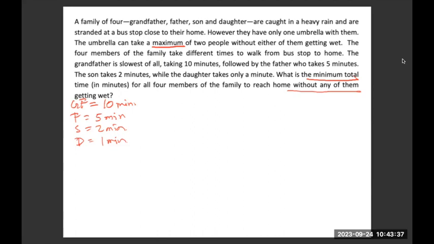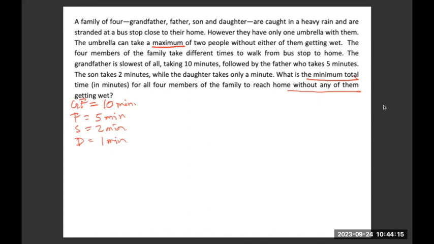Anvi, wrong answer. It's less than that. Naishi, correct answer.